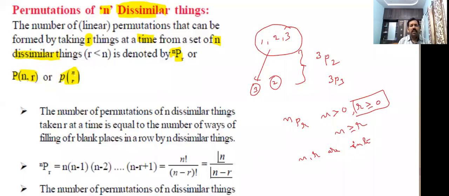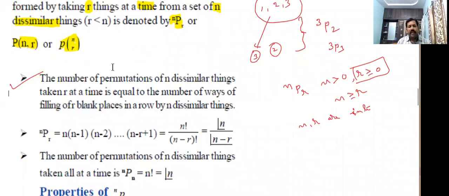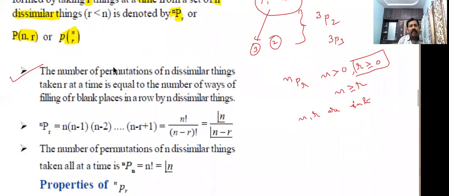So finally, the number of permutations that can be formed by taking r things out of n dissimilar things is denoted by nPr. And the number of permutations of n dissimilar things taken r at a time is equal to the number of ways of filling r blank places in a row by n dissimilar things.